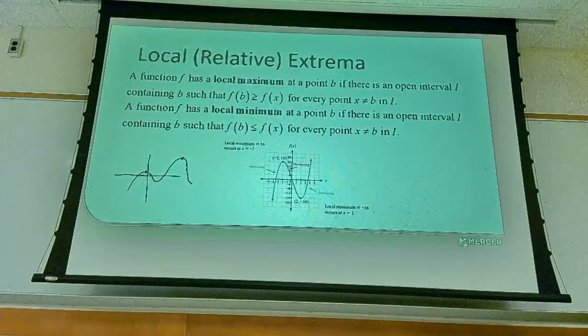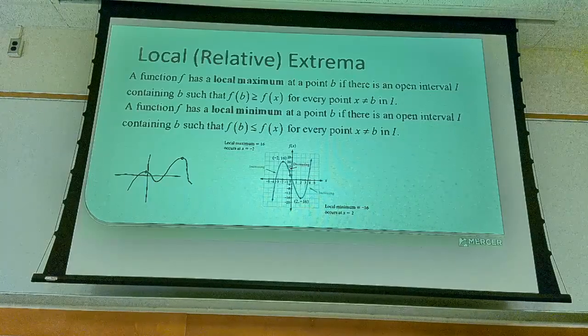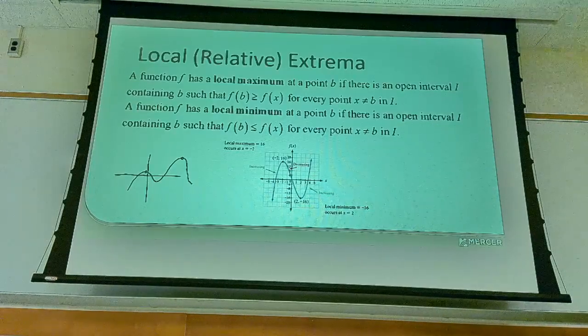If there are going to be multiple local maxes and minimums, do they have to be separated by the y-axis? No. I could have just shifted that curve over so that both of them occur on one side. They're still both local max.